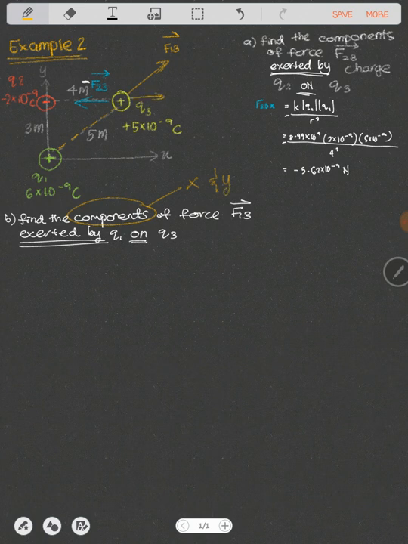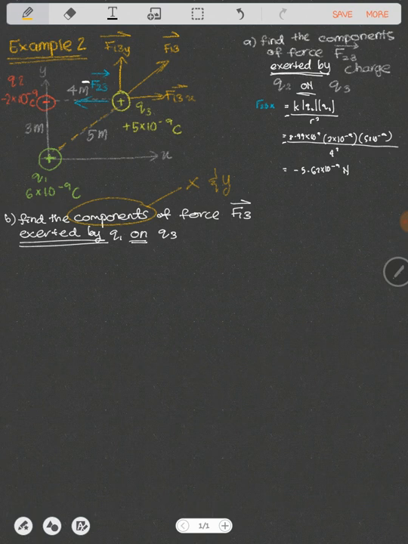So we can have F13 x component and also F13 y component. The previous one was just in a straight line, so how could it have x and y? It can't. But this one, because it is on a slant line, it is slanting like that, so the x and y components exist.